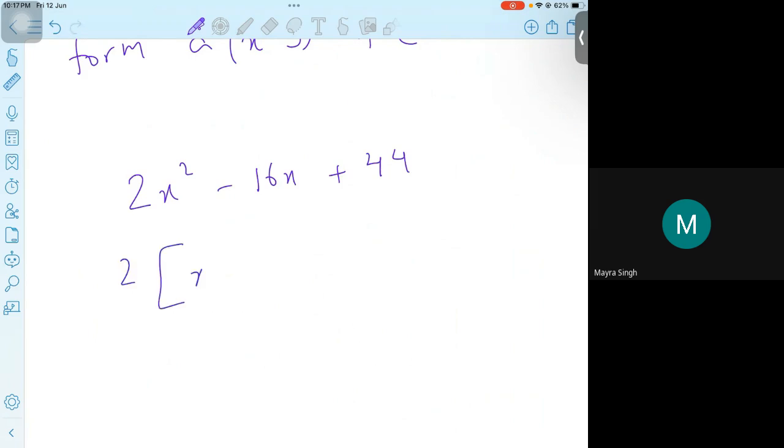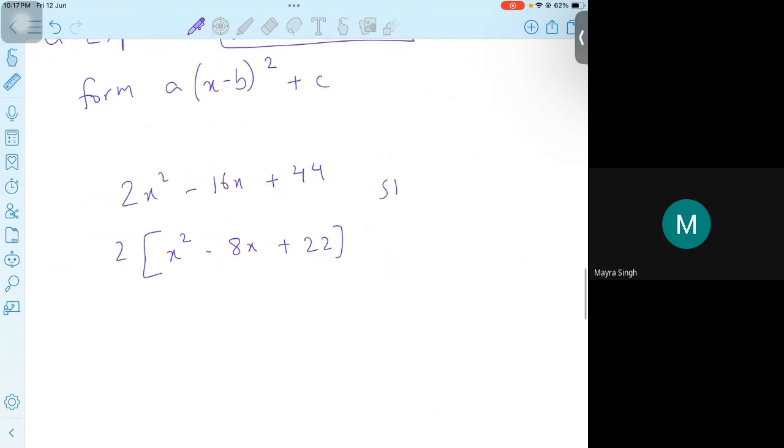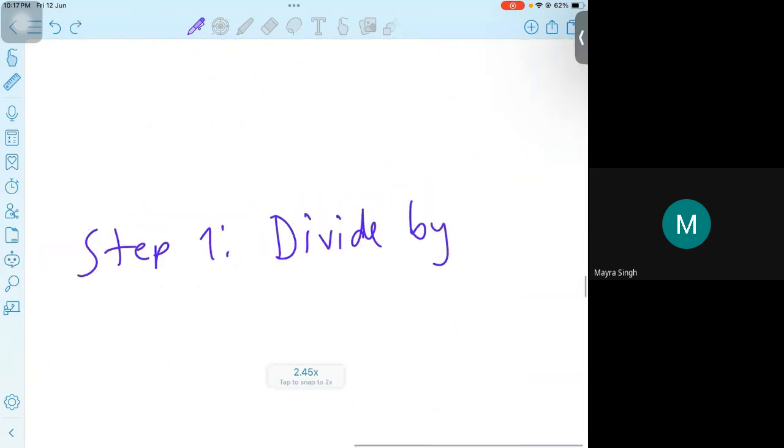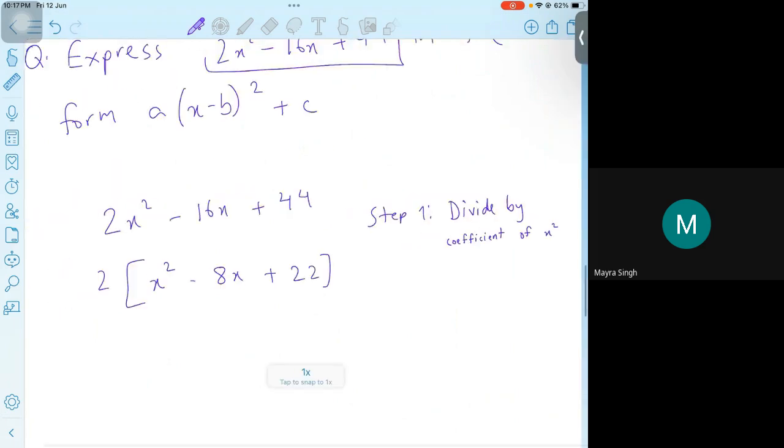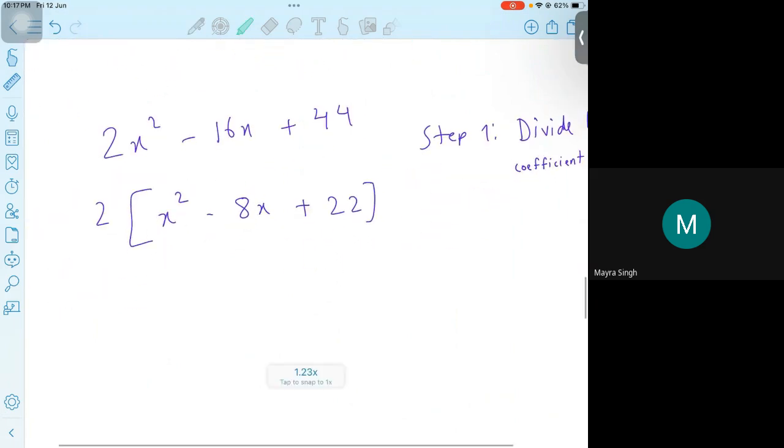So we are left with x squared minus 8x plus 22. So step 1: divide by the coefficient of x squared.